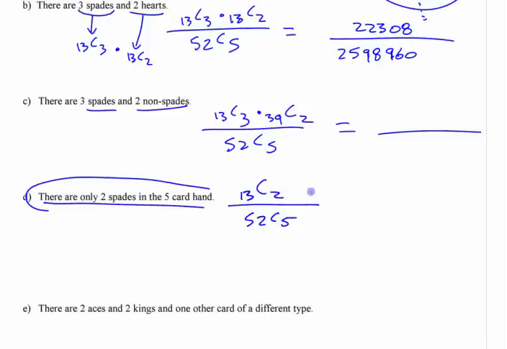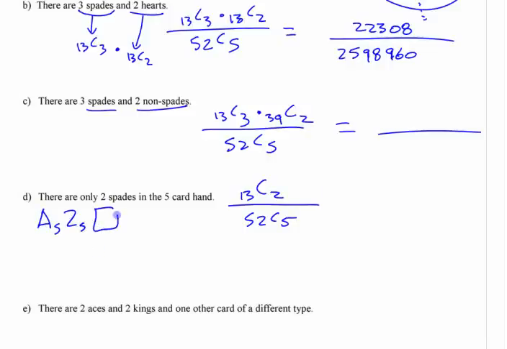This would be a common wrong answer because you have to account for the other cards, right? You could have the ace of spades and the 2 of spades, but you still need to pick the other 3 cards. They can't be spades, but they can be a lot of different things, right? You could put in 3 cards there, you could put in a different 3 cards, a whole bunch of different things. What do we have to put up here?